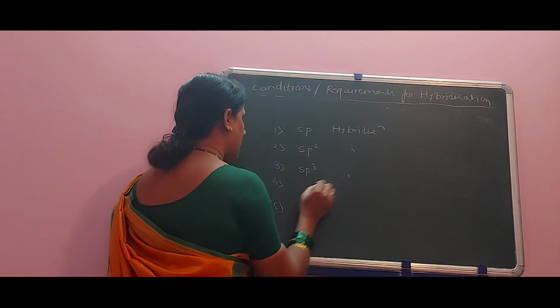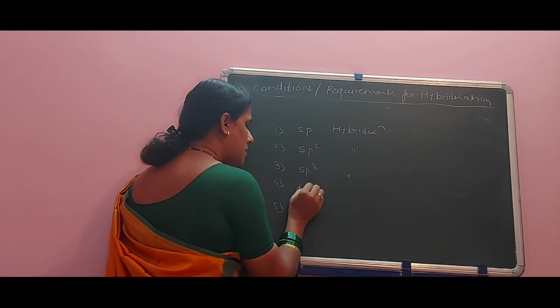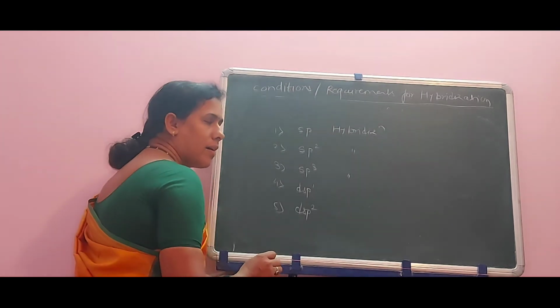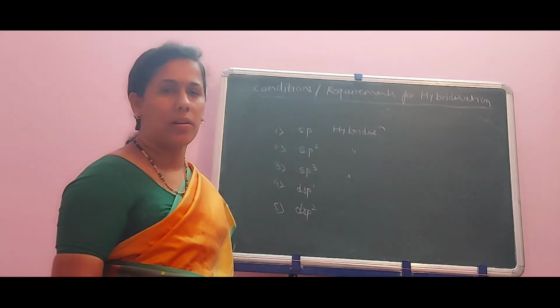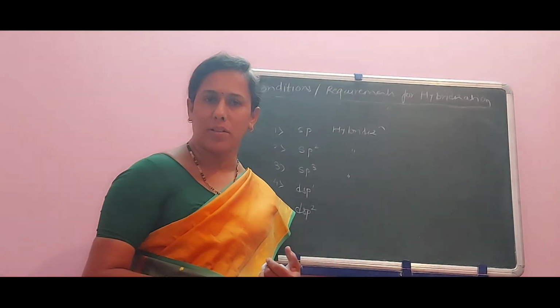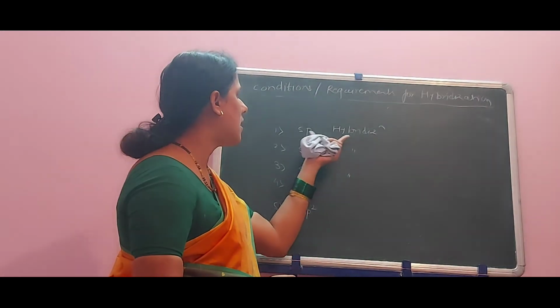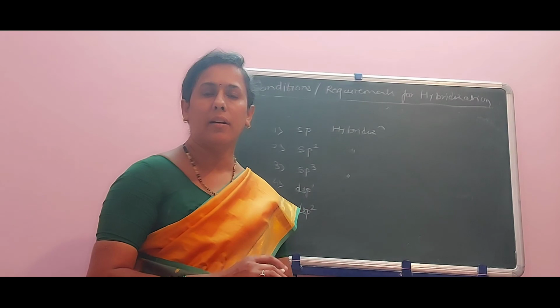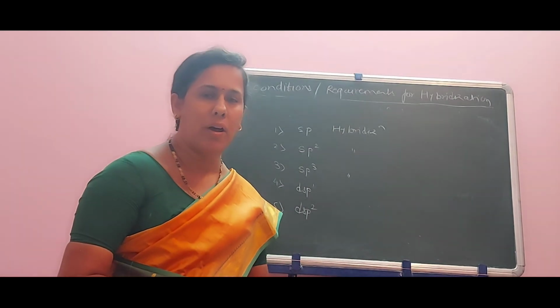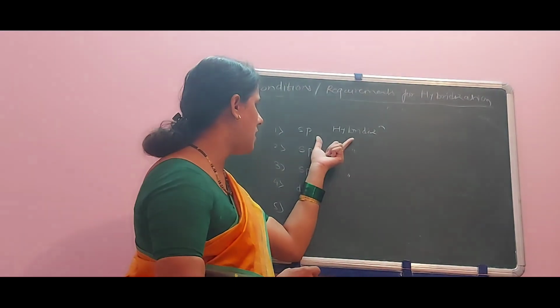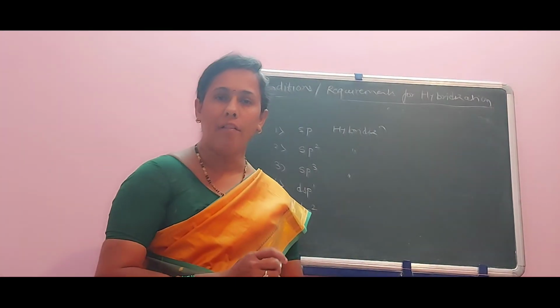Next is dsp1 hybridization, dsp2 hybridization, and so on, d2sp3 hybridization. One by one, in my next video we will discuss what is meant by sp and sp2 hybridization by taking the examples of BF2 and BF3.